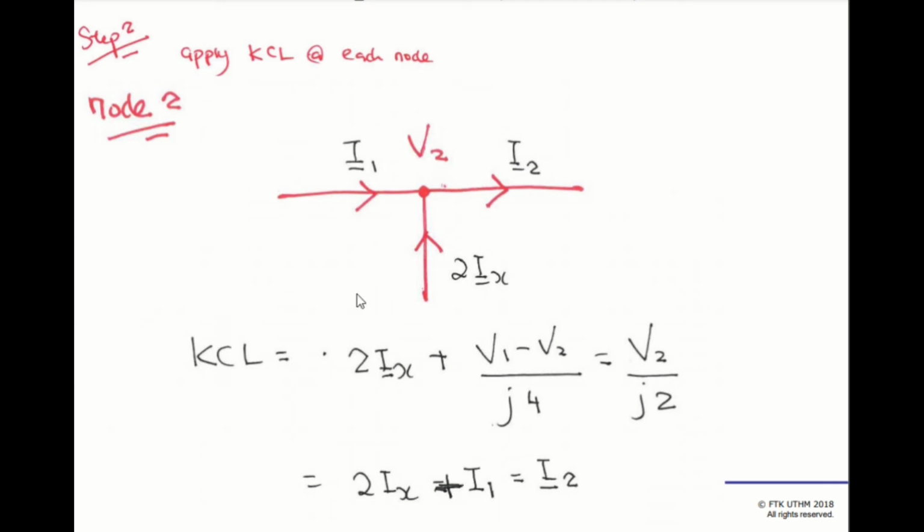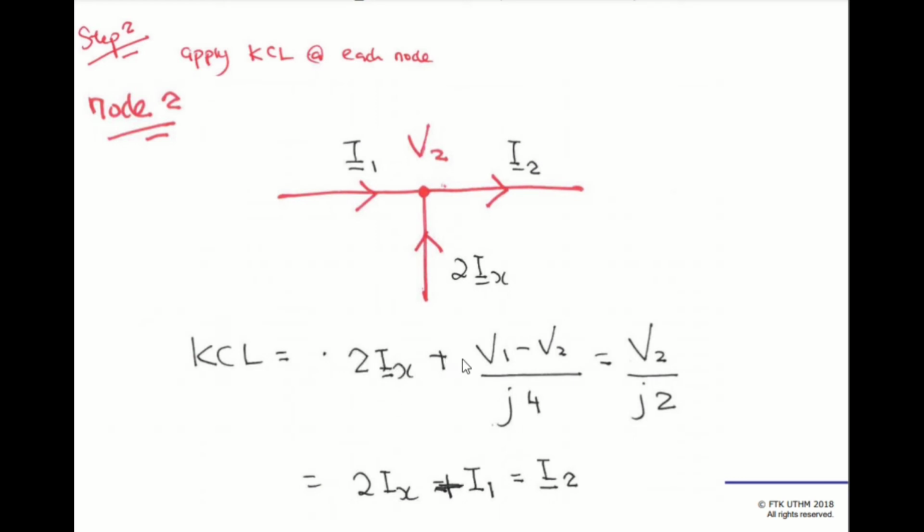So use KCL at this node: 2Ix goes in, plus I1, equal to I2. Because these two branches are going in, we add them, and it equals I2, where the current is going out.